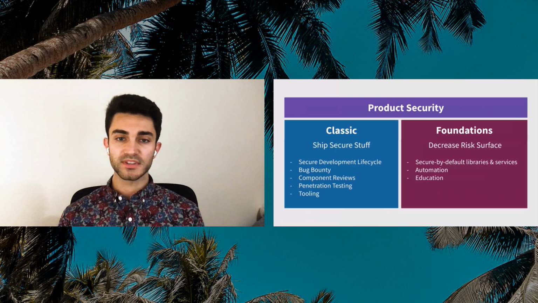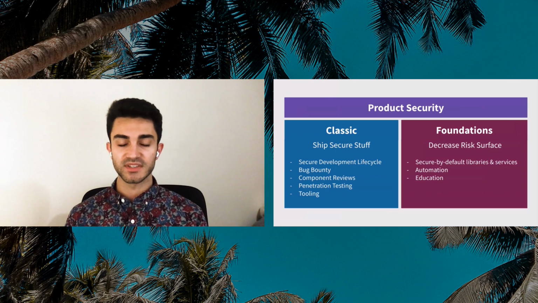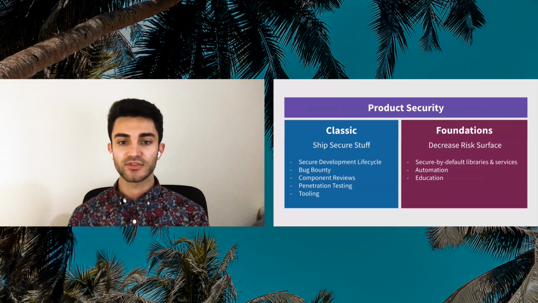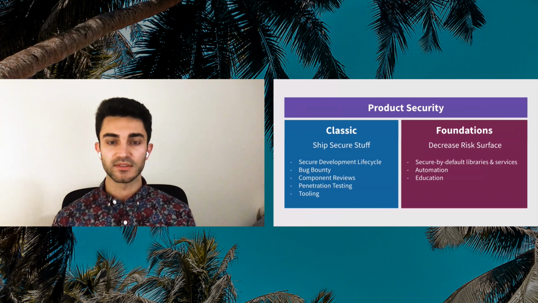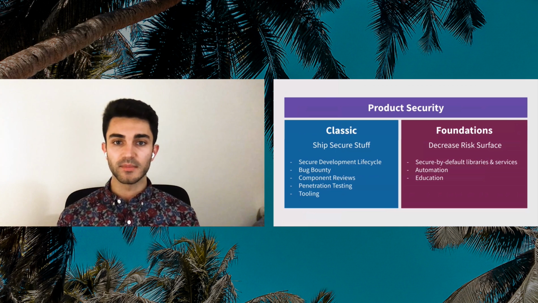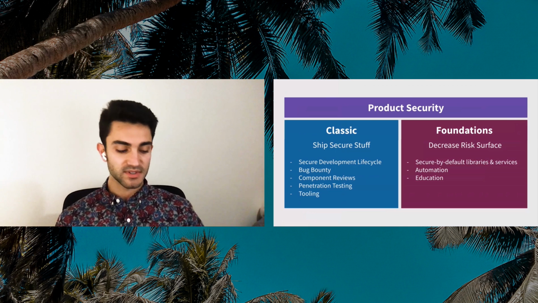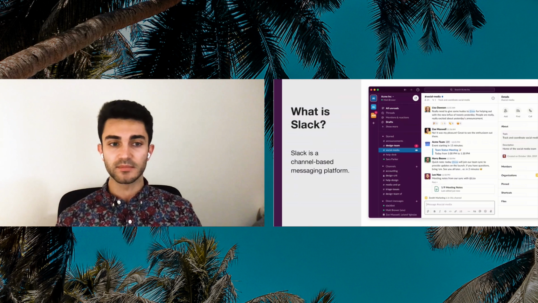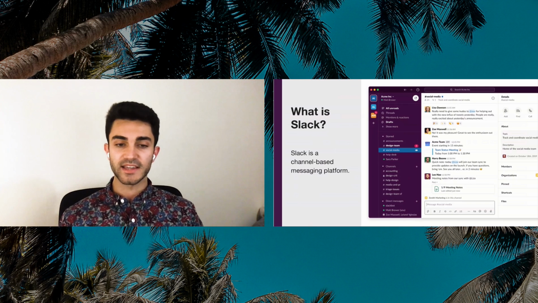We decided to spin off a separate foundations team, which allows us to make more strategic bets and to try to limit the overall risk surface of Slack by creating secure by default libraries and services, focusing on automation, and educating our developers.